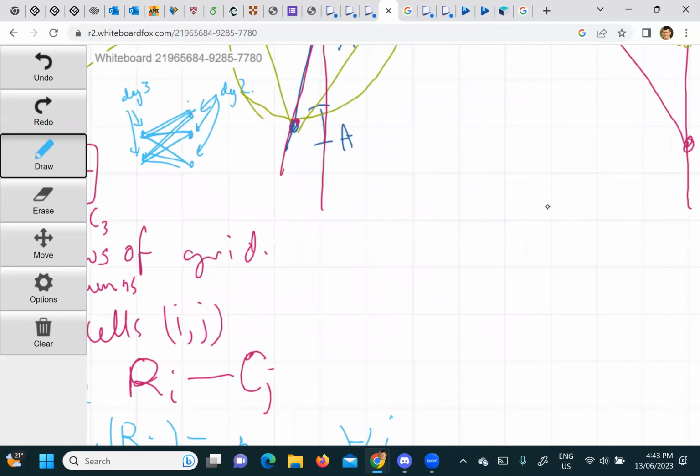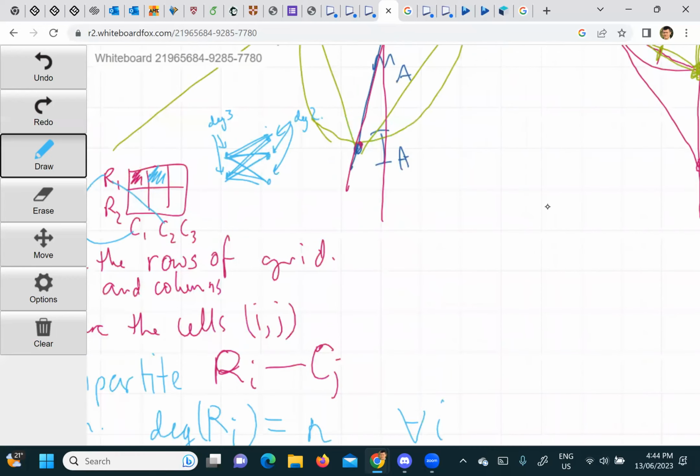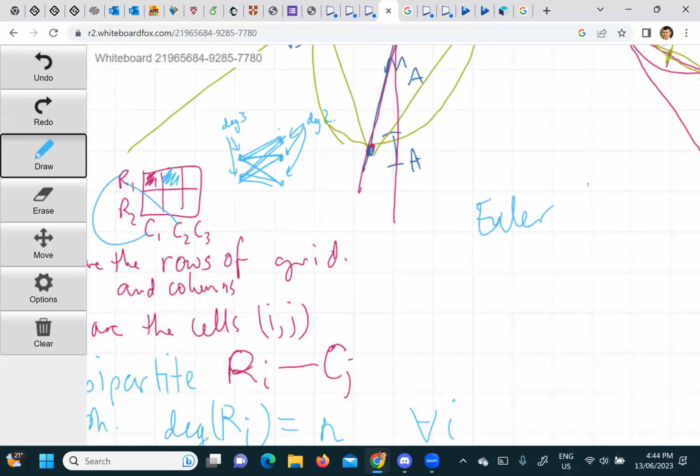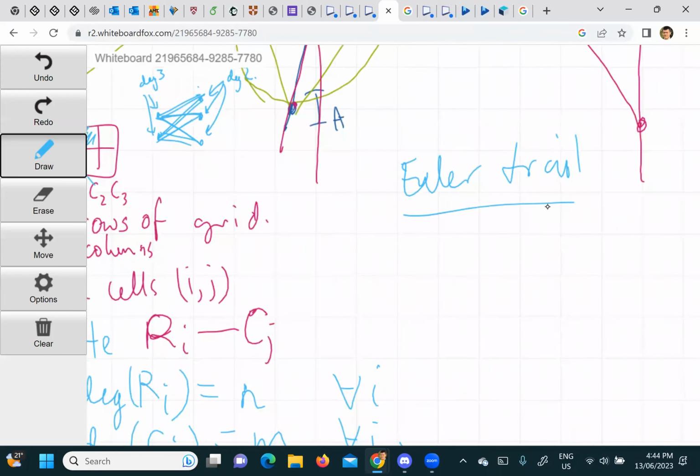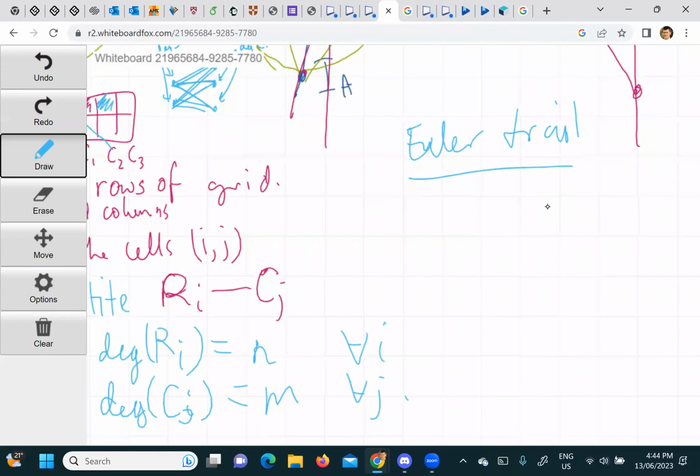For a bijection, you can do injective and surjective, or the most natural way is to do one way and then the inverse. So you start with an Euler trail. It doesn't matter if it starts on a column or a row.